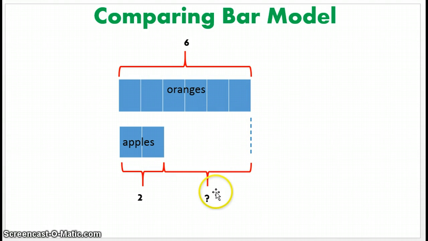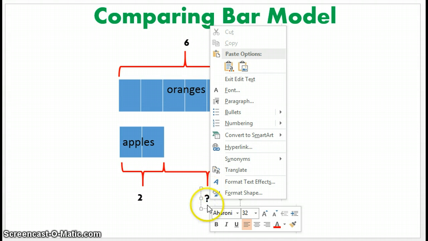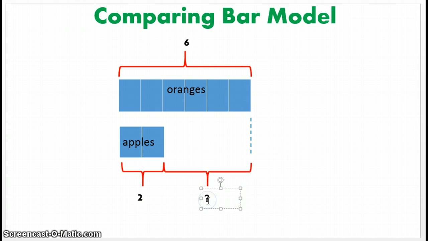The difference between 6 and 2 is 4. So I'm going to go ahead and write that here. The question mark here should be 4. This is a very basic comparing bar model. One thing that I want you to remember is that this empty space represents the difference between the 2 bars. That's the main thing that I want you to remember for today.